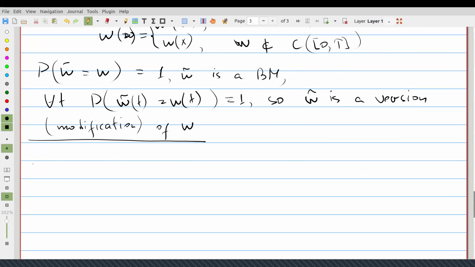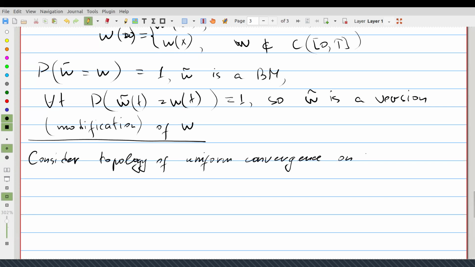Now, we will consider the topology of uniform convergence on C. Again, a remark: this is not uniform convergence on the whole half-line, it's uniform convergence on compact sets.